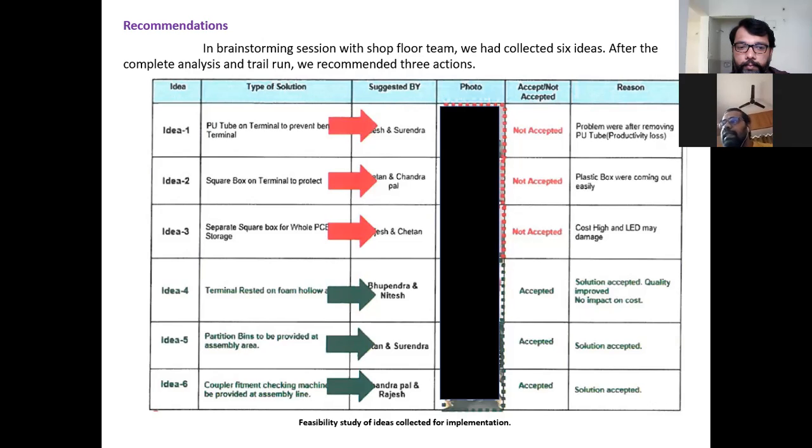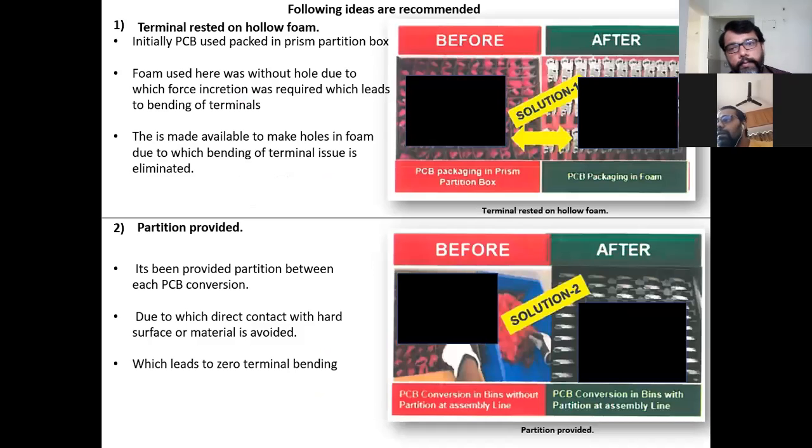As you can see here, before, the terminal was directly kept on the prism boxes. Now the PCB packaging will be done on the foam, so we can avoid the bending of the terminals. And before there were no partitions, now we properly arrange with the partitions, so contact of each part is avoided and the damage is avoided.